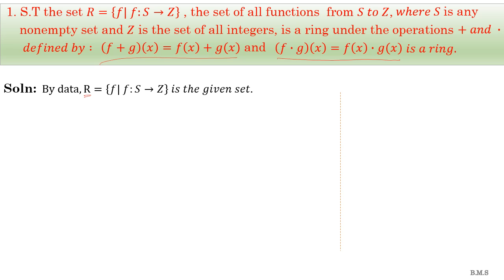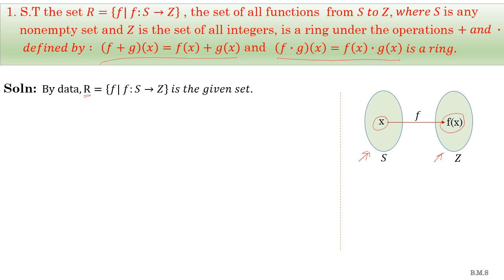Let us explain this. Suppose S is the given non-empty set and Z is the set of all integers. So we can define a function f from S to Z such that for any x belonging to S, f(x) will be in Z. Here f(x) is the image of x under the function f.